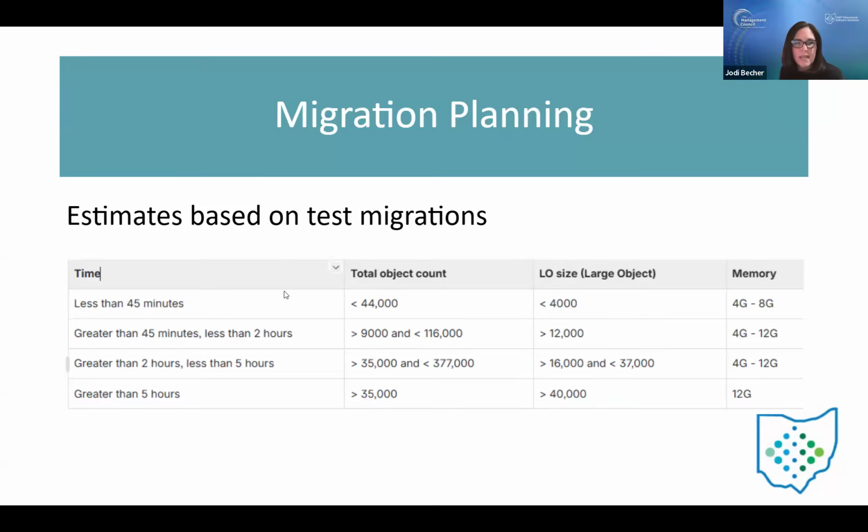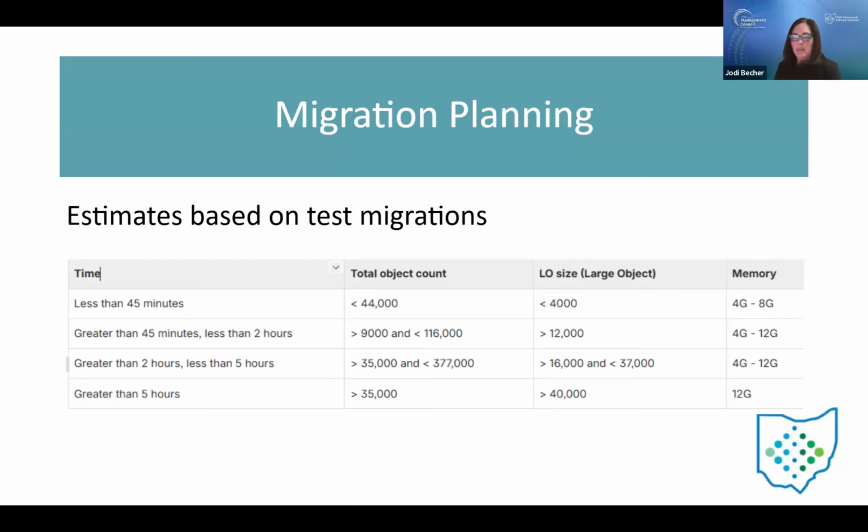So you just want to take those values that you get from running that query, see where they fall in this chart, and then that'll give you a good estimate of how much time that migration for that particular district is going to take.